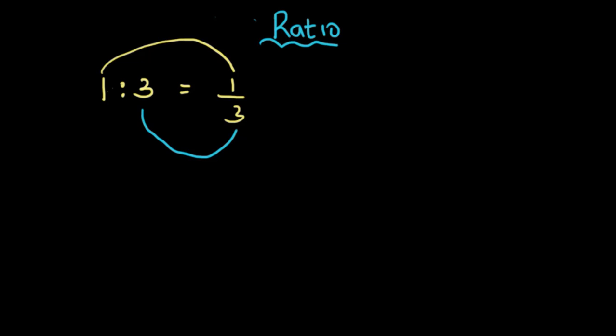Now the second thing I want you to understand is that we use ratio to compare two or more things. Let's say I tell you that the ratio between oranges and mangoes in a box is 2:5. So we have 2:5. This represents oranges, while this represents mangoes.